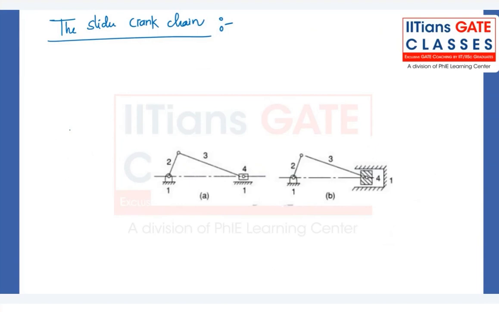In this figure, let's say figure A, we have link number 1, link 2 is the crank, link 3 is a connecting rod, and link 4 is a slider. We have a crank, connecting rod, a slider, and we have ground.